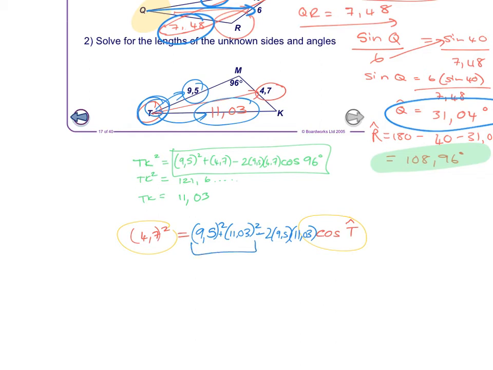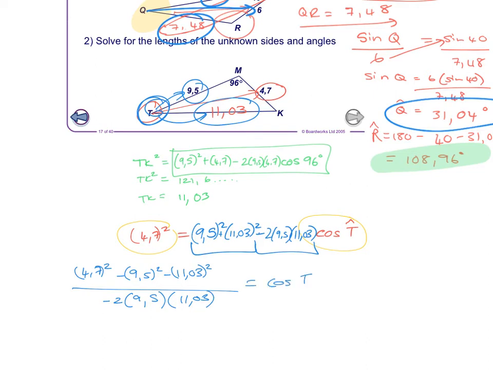We're going to take the squares across first, so 4,7 squared minus 9,5 squared minus 11,03 squared, and you divide by the next piece in front, negative 2 times 9,5 times 11,03, and that's equal to cos of the angle you're looking for.